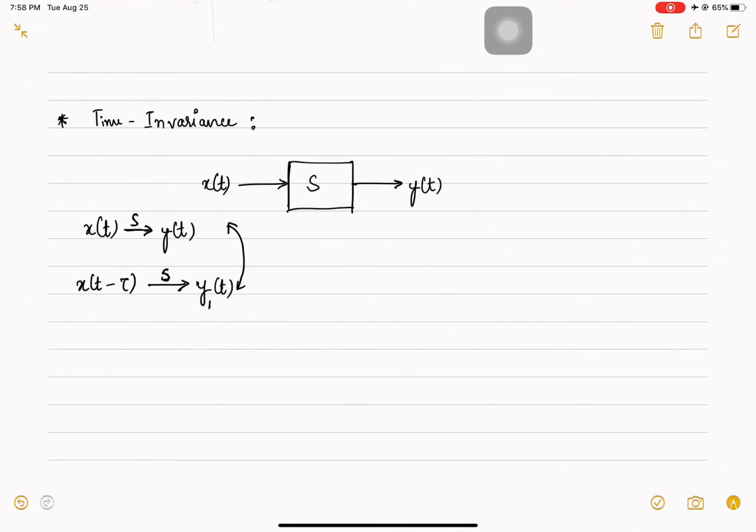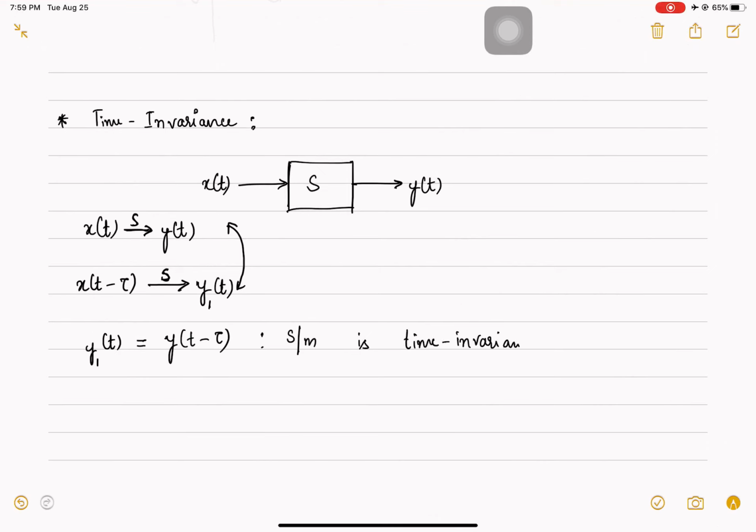If y1 of t, the output when you send the time shifted input, is the same time shifted version of the original output y of t, we say that the system is time invariant.